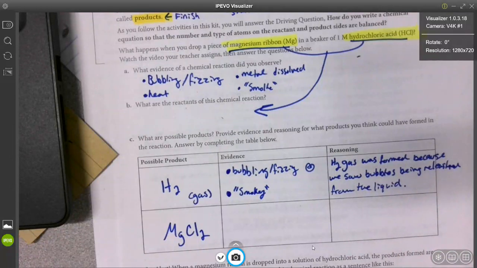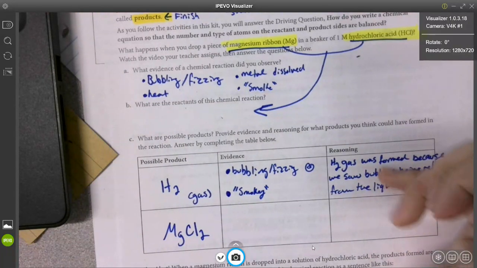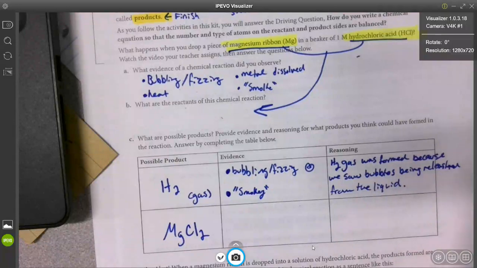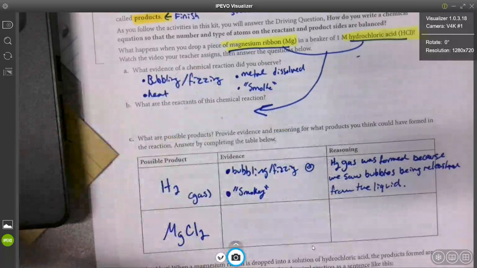You can also continue to add on that you were able to see a smoky substance, but I'm not holding you to that standard, mainly because the document camera didn't hold it very well.